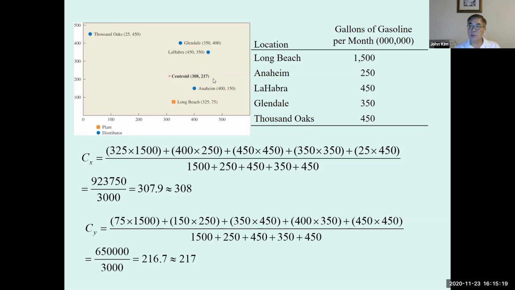So that is the centroid X and Y coordinate. Using this centroid method, we can find a certain location based on existing locations.